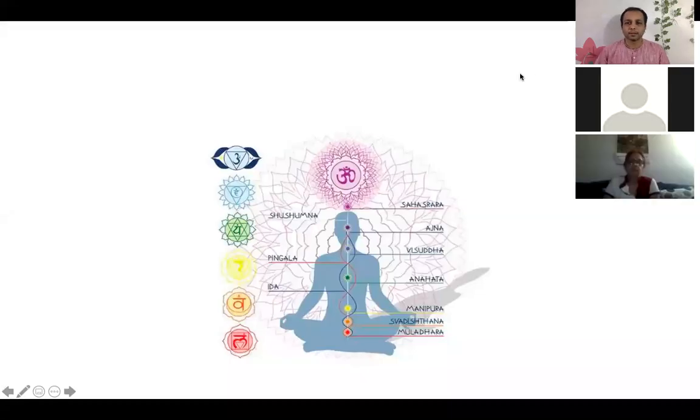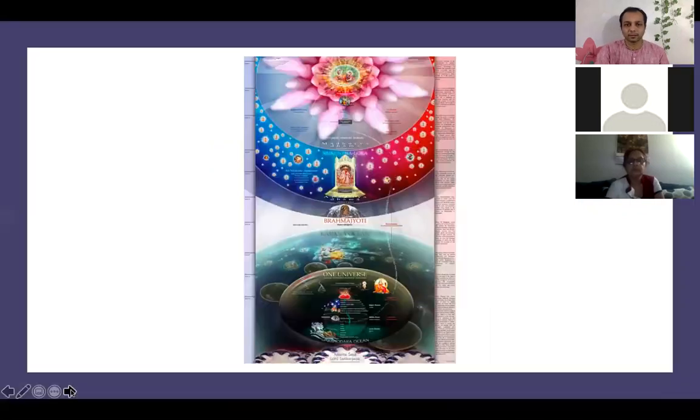Okay. So if you look at this picture, this is the 7 chakras. These 7 chakras exist in everyone. Interestingly, these chakras also correspond to the 7 higher levels of the planetary systems.